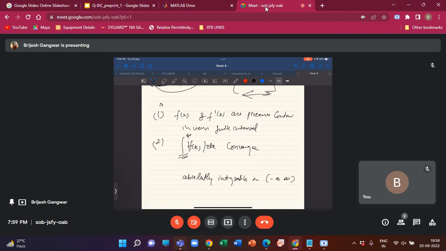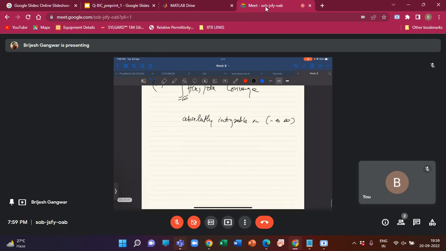Then this Fourier integral theorem says that f(x) will be integral from 0 to infinity of A(alpha) cos alpha x plus B(alpha) sin alpha x d alpha.